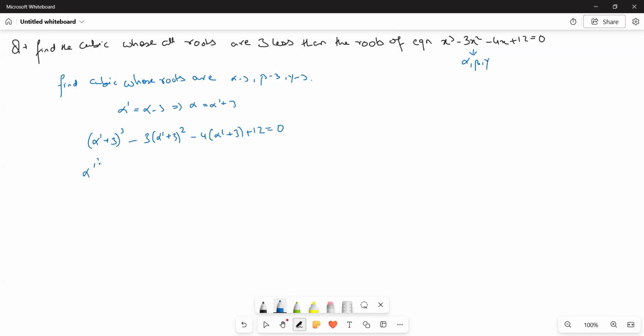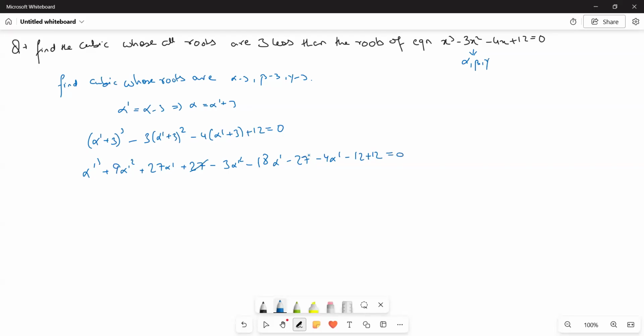So this would be alpha dash whole cube plus 3a squared b, so 3 times 3 is 9, so 9 alpha dash whole square, plus 3ab squared, 27 alpha dash, plus b cubed, 27, minus 3 alpha dash square, 3 times 3 times 2 is 18, so minus 18 alpha dash, and minus 27, minus 4 alpha dash minus 12 plus 12 is equal to 0.